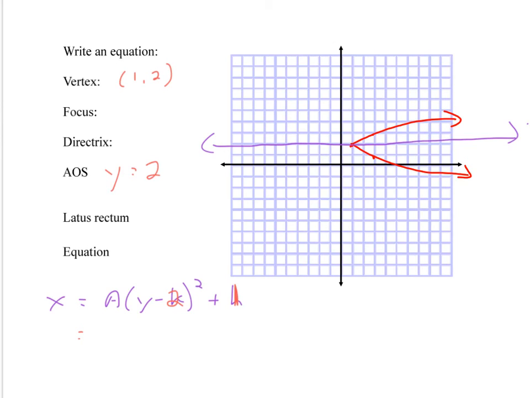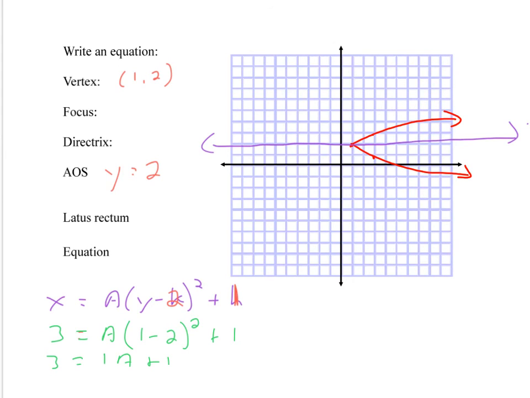So I'm going to write here now, x is 3 is equal to a, that's what I'm solving for, 1 minus 2 squared plus 1. So it looks like now 3 is equal to 1 minus 2 is neg 1. Neg 1 squared is 1, so I have 1a plus 1.